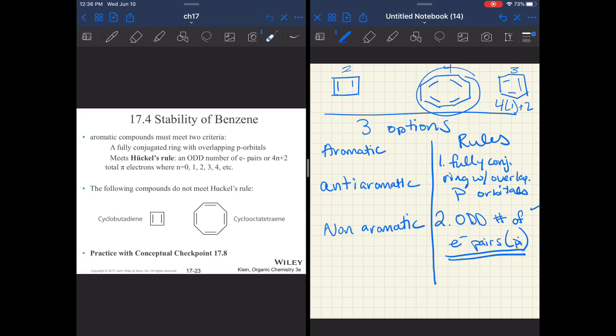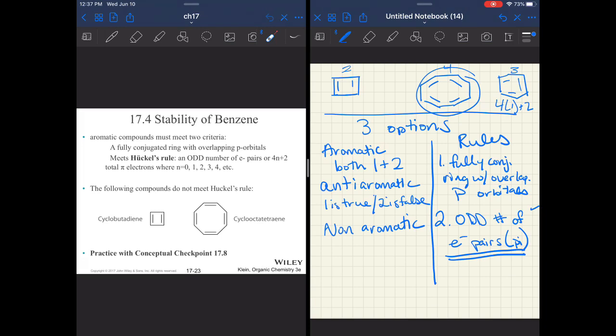All right, so to be aromatic, both 1 and 2 must be true. To be anti-aromatic, 1 is true, 2 is false. So you have that conjugated ring of overlapping p orbitals, but an even number of electron pairs.